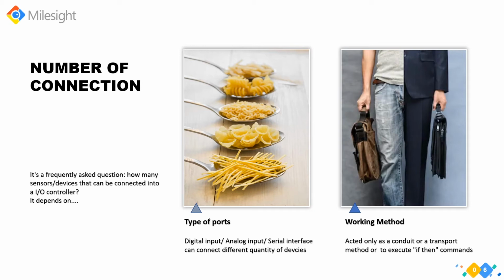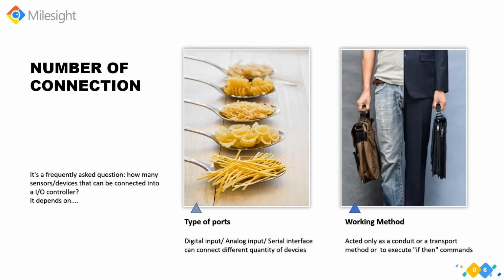For example, the LoRaWAN-based UC500, when it works in the if-then command mode, a maximum of 4 units of temperature and humidity sensors can be connected at the same time.